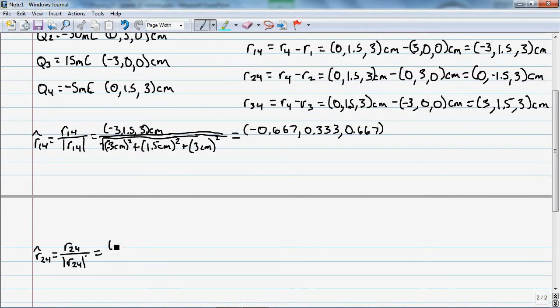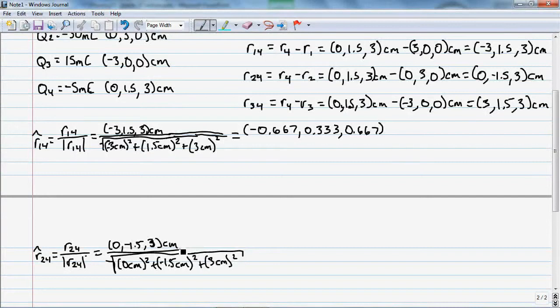We have 0, negative 1.5, 3 centimeters over the square root of 0 centimeters squared plus negative 1.5 centimeters squared plus 3 centimeters squared.